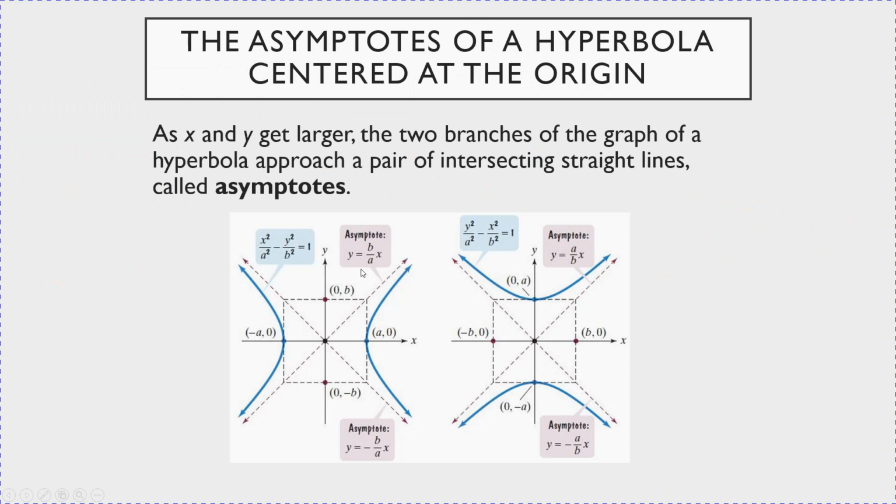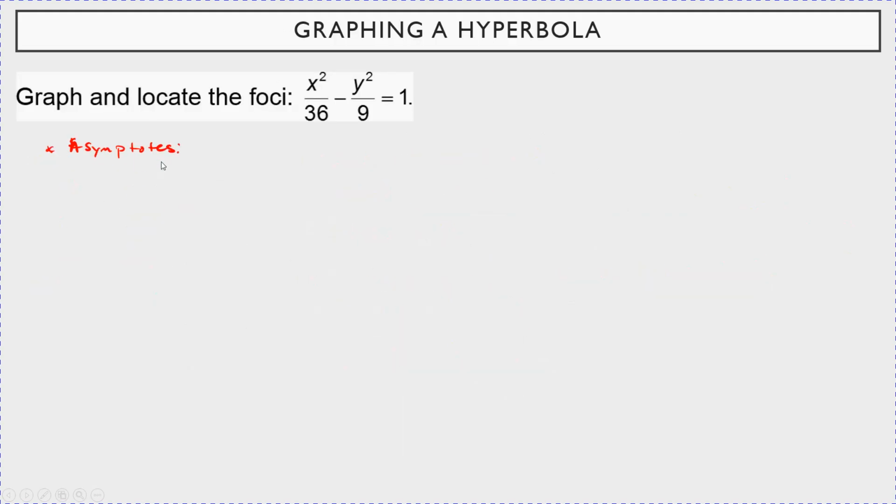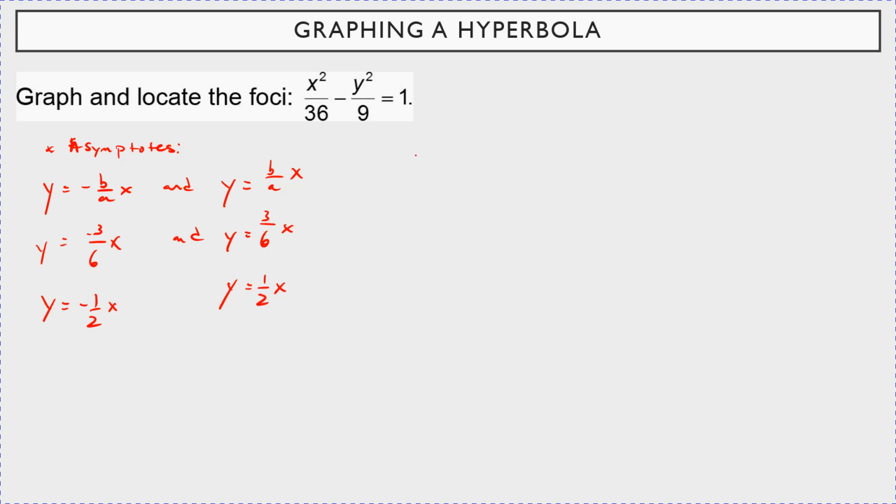One is y is equal to b over a times x, and the other is y is equal to negative b over a times x. Going back, what was my b? My b was 3, my a was 6. So this is y is equal to minus 3 over 6 x, and y is equal to 3 over 6 x, which is just y is equal to minus 1/2 x, and y is equal to 1/2 x.